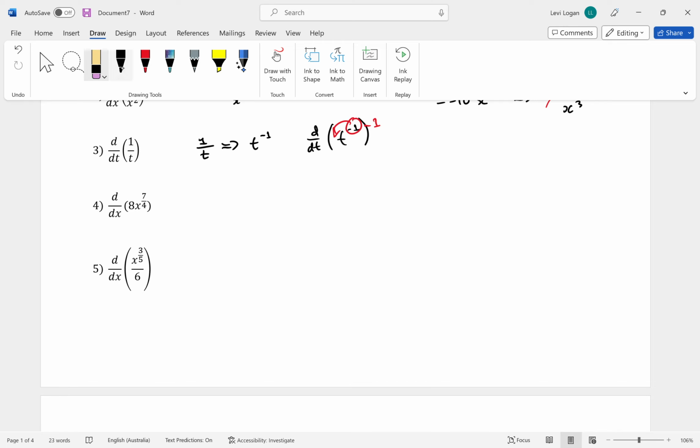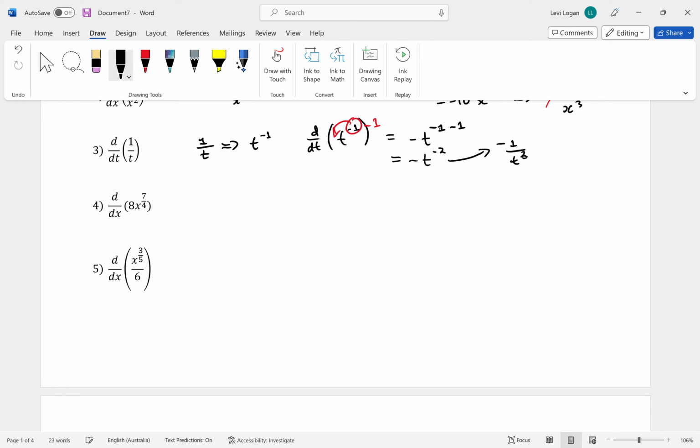So that's going to be equal to negative 1 times t to the negative 1 minus 1. So simplifying that, we're going to have, my computer's not loading, negative t to the power of negative 2. Okay? And simplifying that even further, we can say it is negative 1 over t all squared.